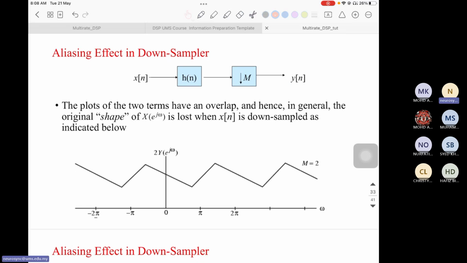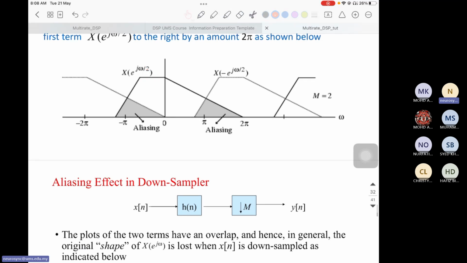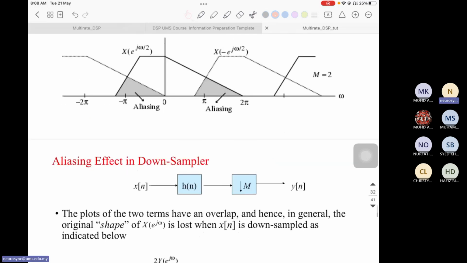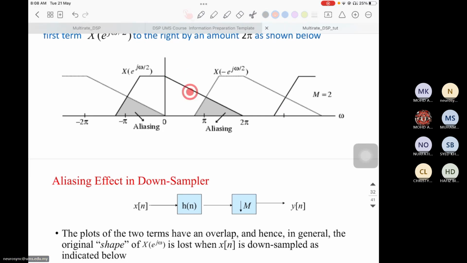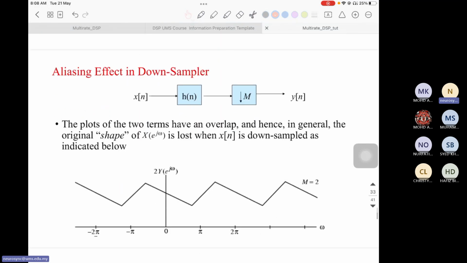So the plot of these two terms, that is X of e to the power j omega by 2 and X of minus e to the power j omega by 2. Here you will see the overlapping. So I am having a signal like this. Only this type of signal you will get, as shown in the figure.